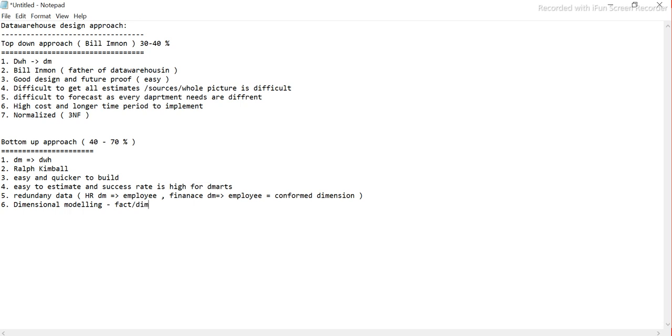But in the other approach we are using the relational model, so we are using three normal form tables. Here the tables are fact and dimension tables. So this is also one of the differences that you should notice.